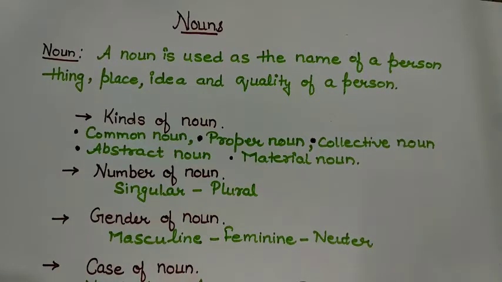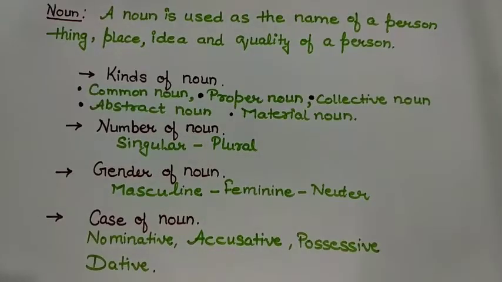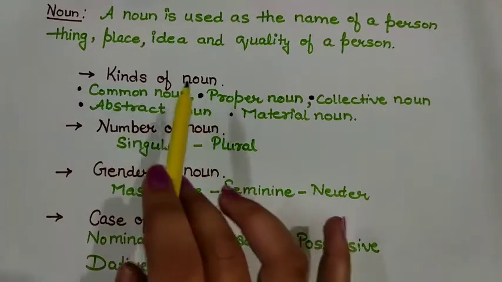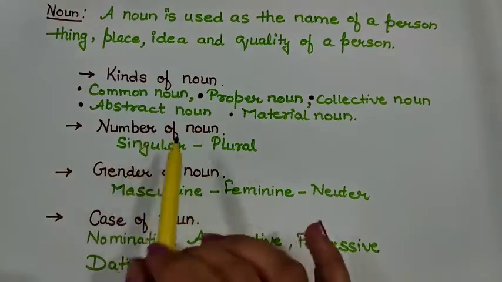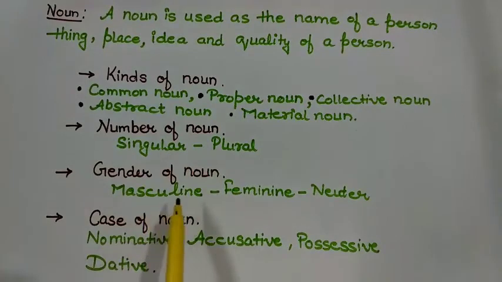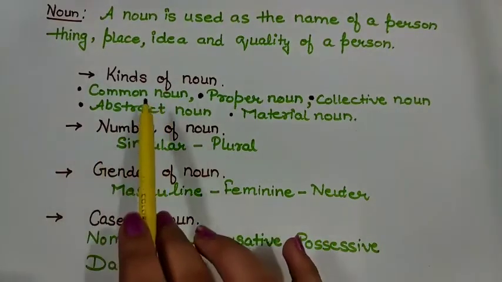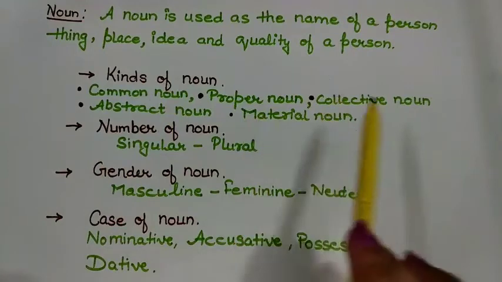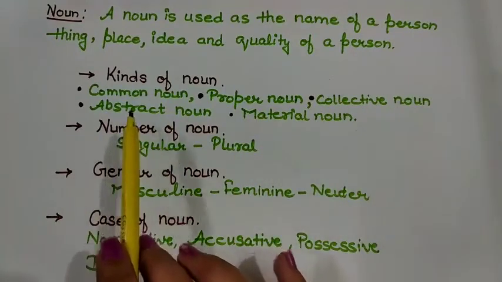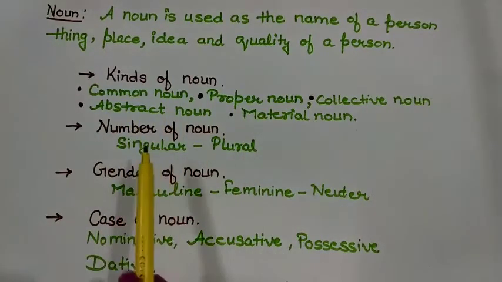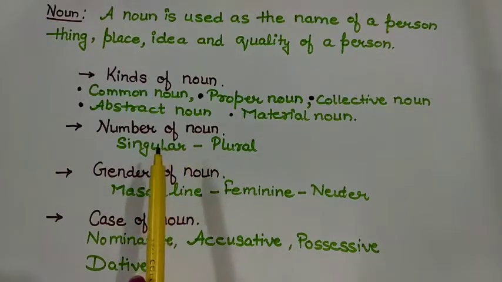See, if we talk about nouns, basically we have 4 points. The first one is kind of noun. The other one is number of noun, then gender of noun and case of noun. When we talk about kinds of noun, we mean common noun, proper noun, collective noun, abstract noun, and material noun. But when we talk about number, we talk about either it is a single entity or it's plural.